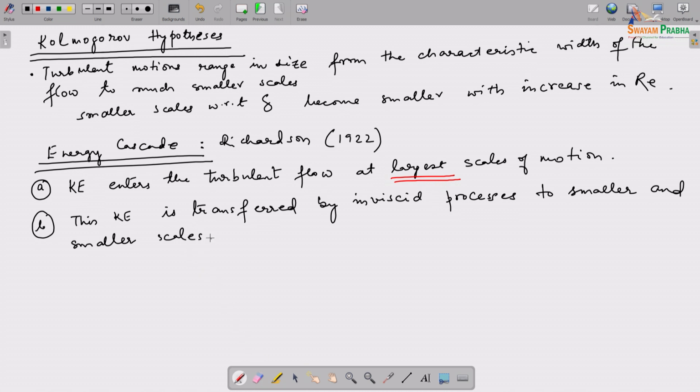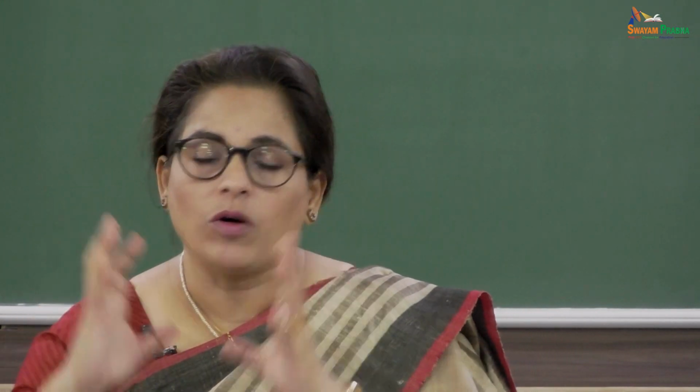Right. So, this kinetic energy is now transferred by inviscid processes to smaller and smaller scales. If you have one bulk of kinetic energy, it is going to enter the turbulent flow and go, the whole of it, into the larger scales of motion.